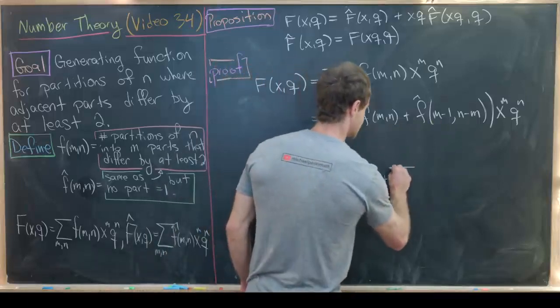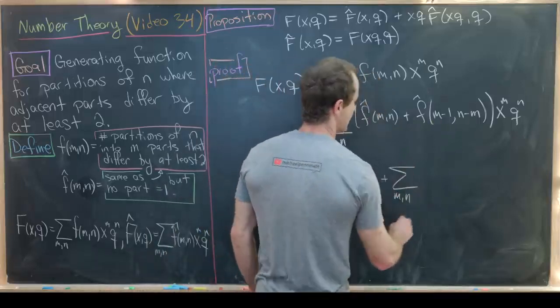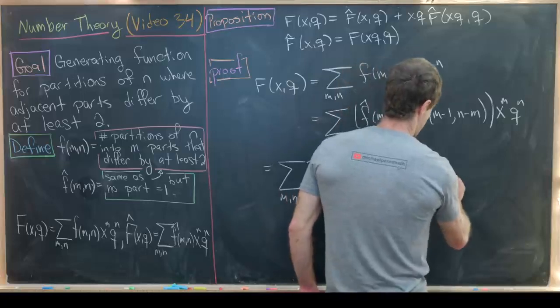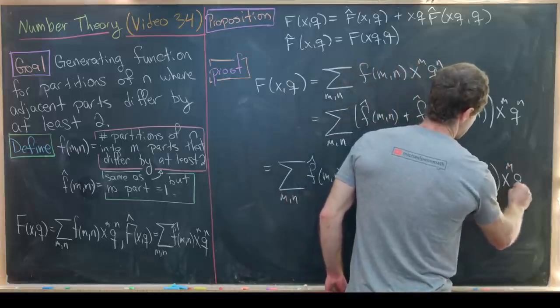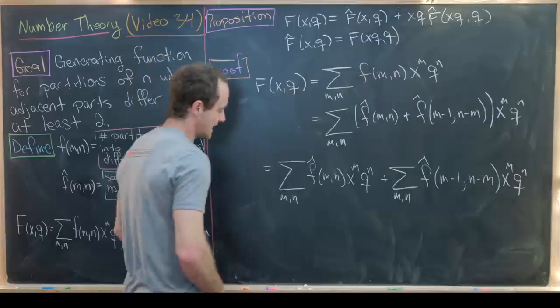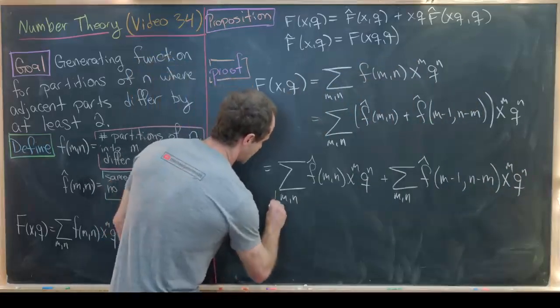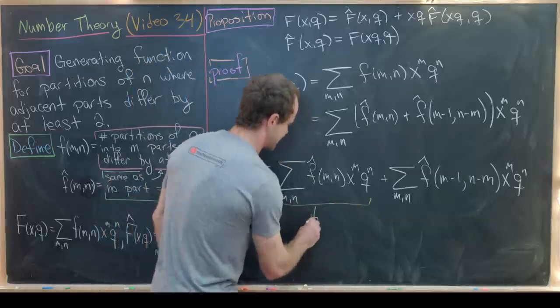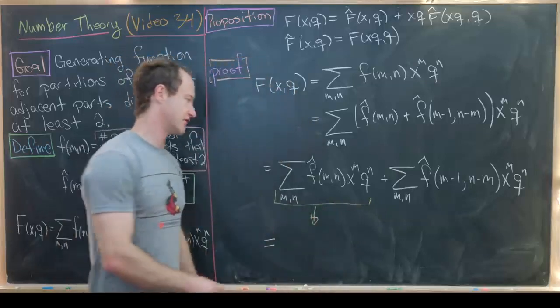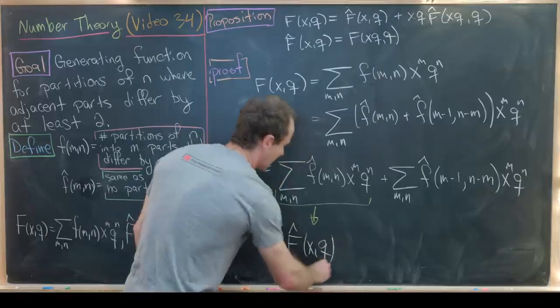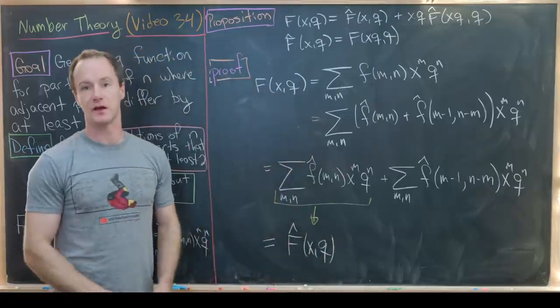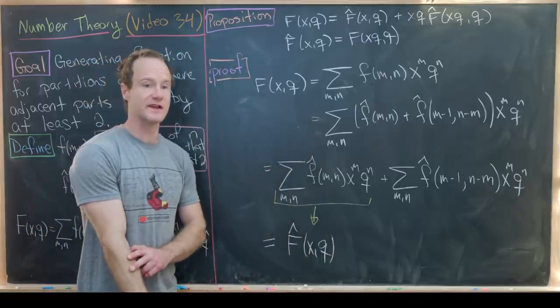So that's going to be plus our sum over m and n of f hat m minus 1, n minus m, x to the m q to the n. So like I said, this guy right here looks exactly like our f hat generating function already. So I'll just rewrite this as F hat of x,q, and then we can get to work on this other bit, which will require a little bit of reindexing.